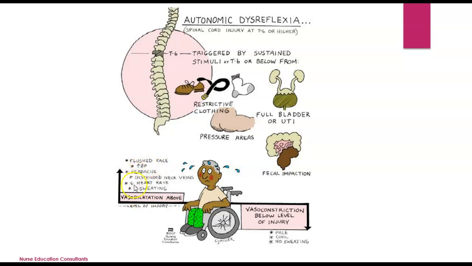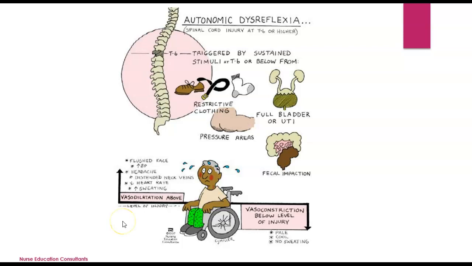Here are the symptoms that you'll see above the level of the injury, and then here are the symptoms below. Typically below, you'll have pale, cool skin, and we won't see sweating with them. With GI, we're always worried that they could end up with paralytic ileus due to low gastric activity, so always do a good GI assessment.